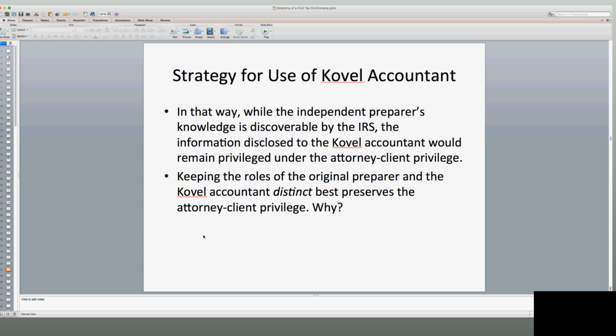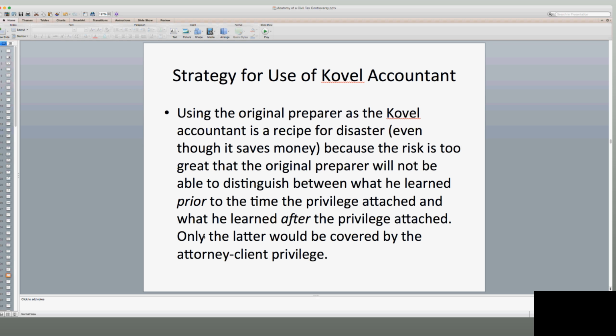Well, the question is why, or how does it do that? Well, if we were to use the original preparer as a Kovel accountant, and trust me when I tell you this, it's a recipe for disaster, because the risk is too great that the original preparer won't be able to distinguish between what he learned prior to the time that the Kovel privilege attached, and what he learned after the privilege attached.